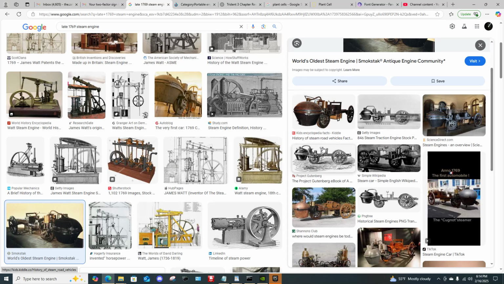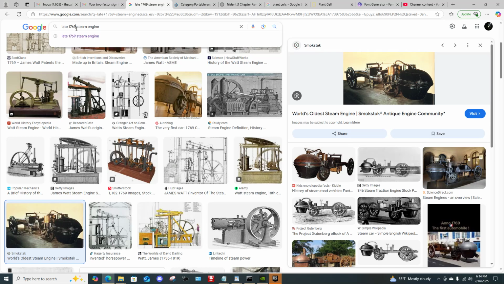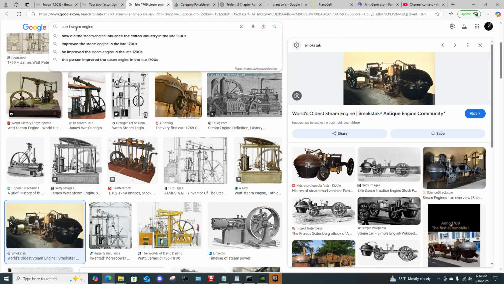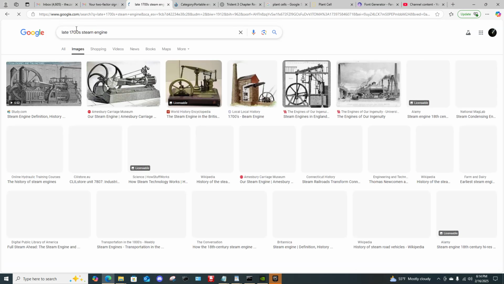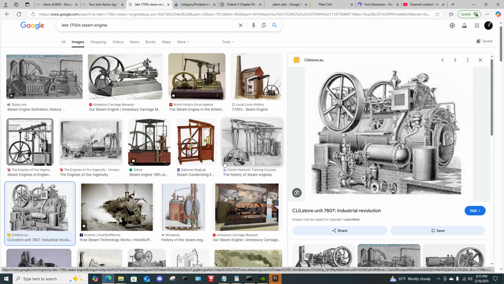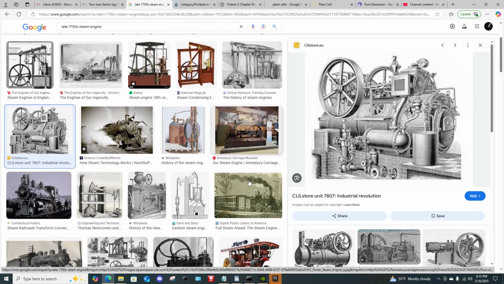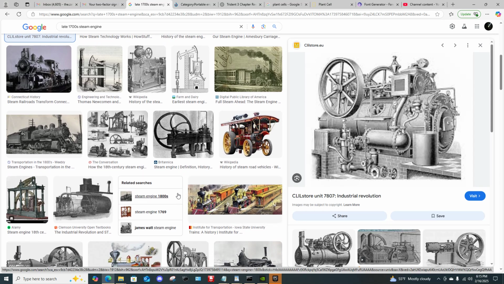And if you look up steam engine designs that came after 1769, you seem to get these kind of designs like this, where there's a tank, a flywheel, a piston.